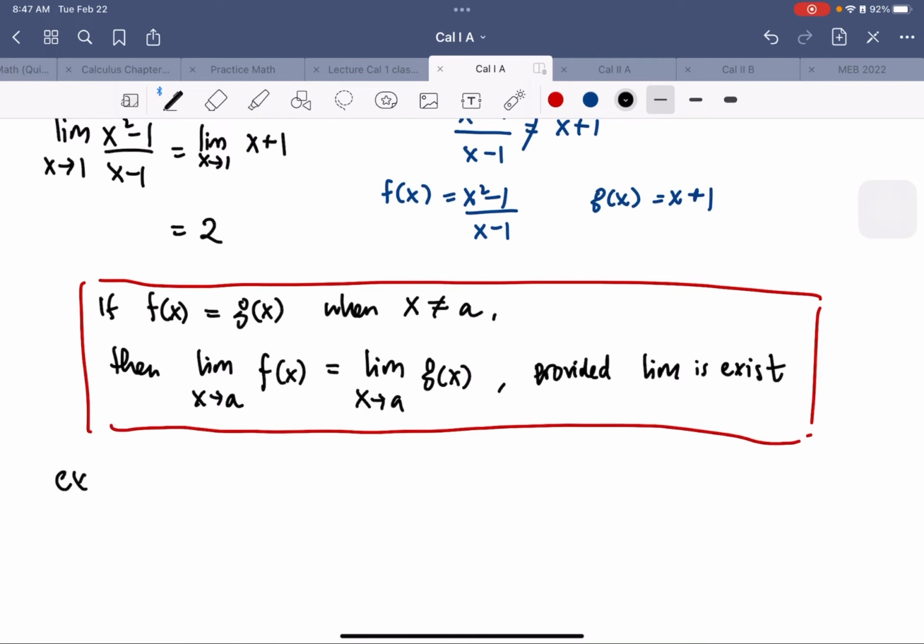Another example that you might find is a piecewise definition like this one. Of course, for x plus 1 you can draw the line y equals x and then move up 1 unit.